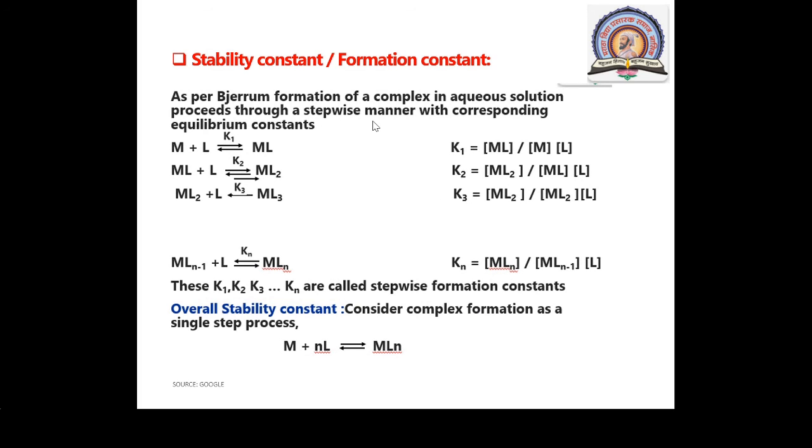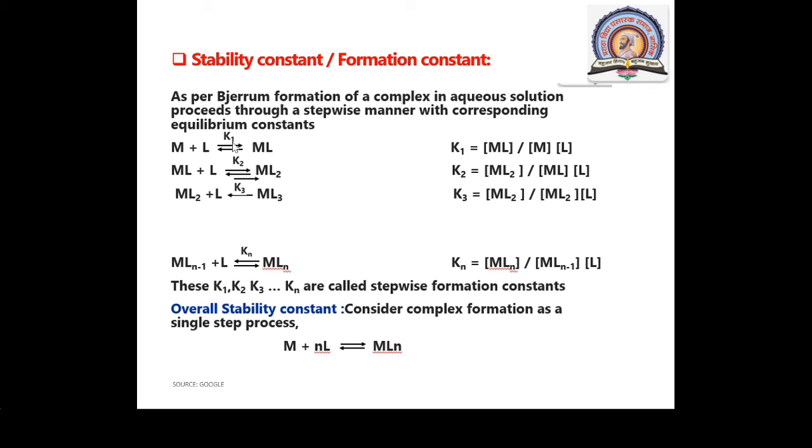See, the formation of a complex in aqueous solution proceeds in a stepwise manner with corresponding equilibrium constants. Let's see, M + L gives ML, ML + L gives ML2, ML2 + L gives ML3.